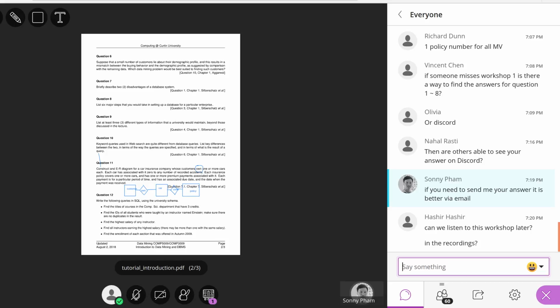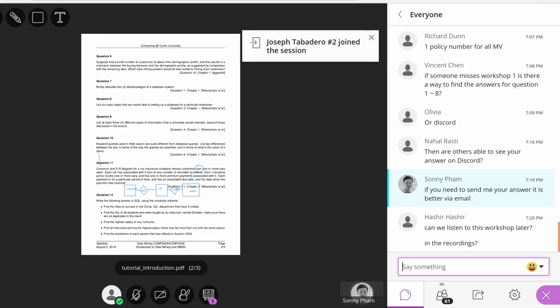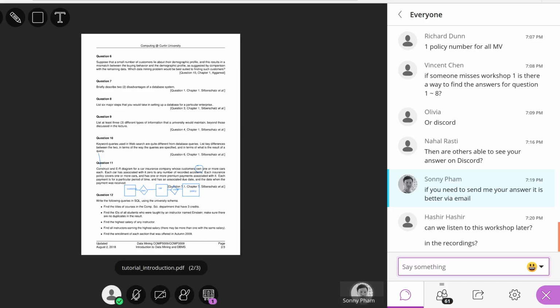If you want to listen to the workshop later or listen to the practical later, you are more than welcome to download some screen capture software. I believe that there are many of them around, and you can record to your computers. I think that's really something that you can explore.